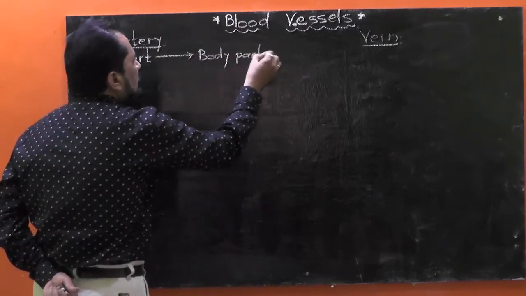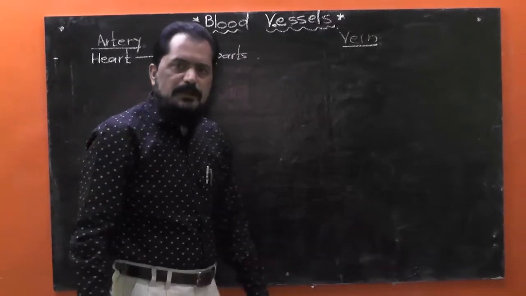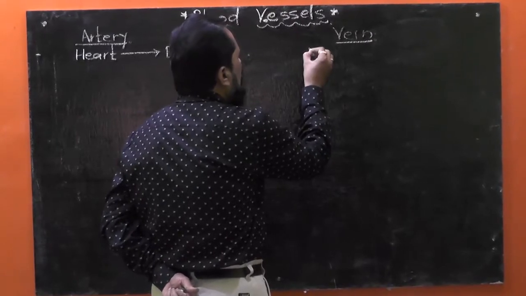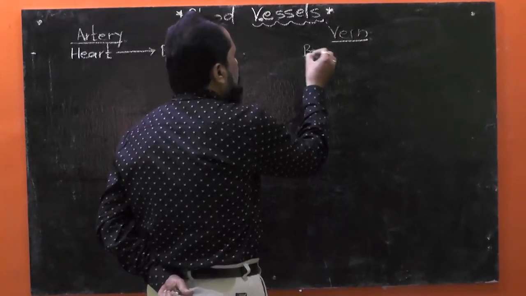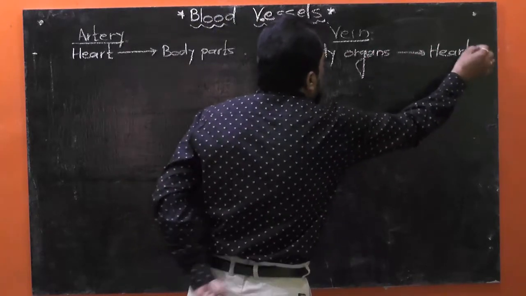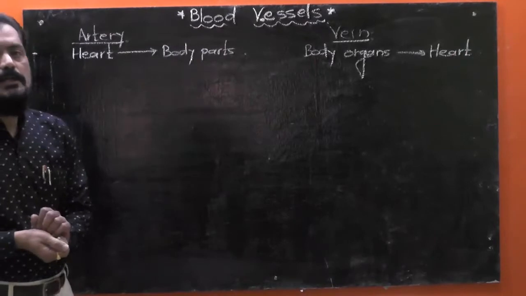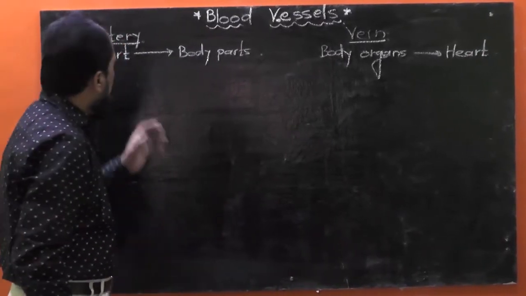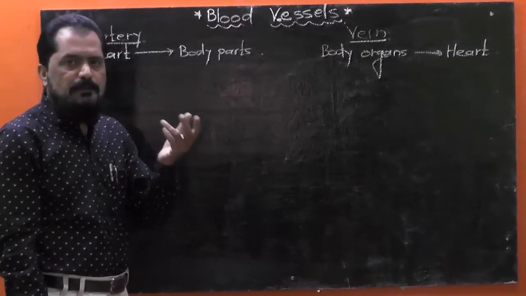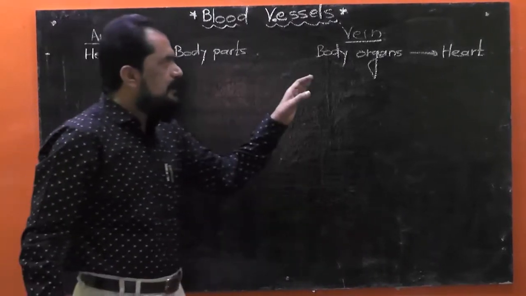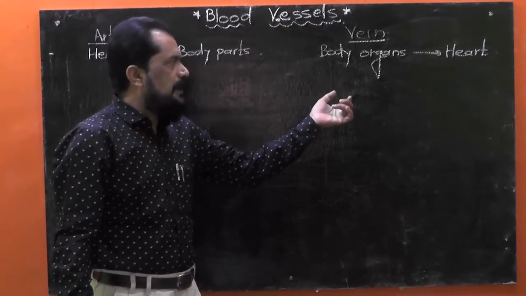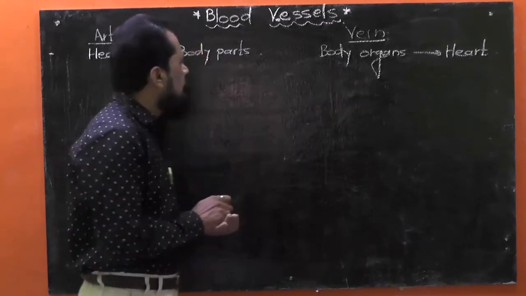On the other hand, vein is the blood vessel which carries blood from different body organs to the heart. So we can define very simply what is artery and what is vein. Artery carries blood from heart to different body parts, and vein carries blood from different body parts back to the heart.